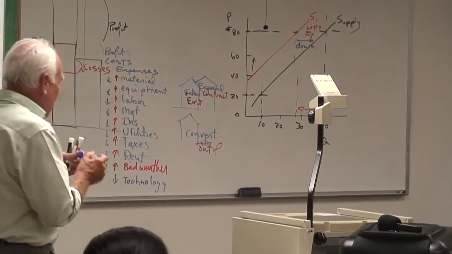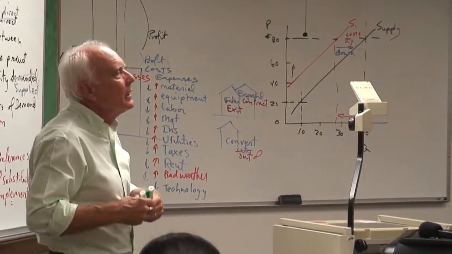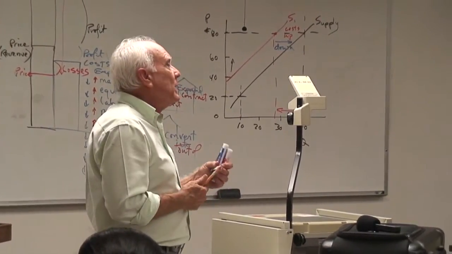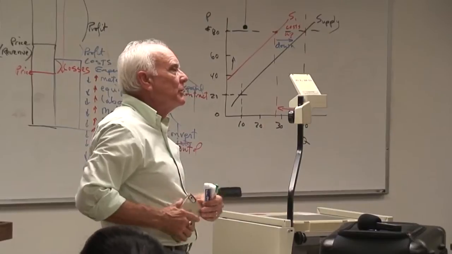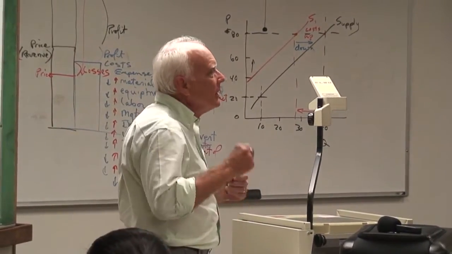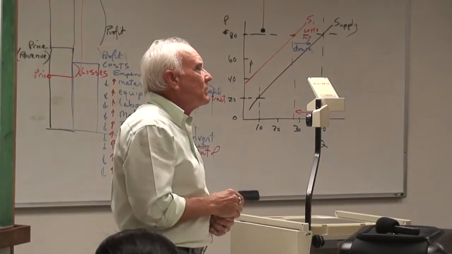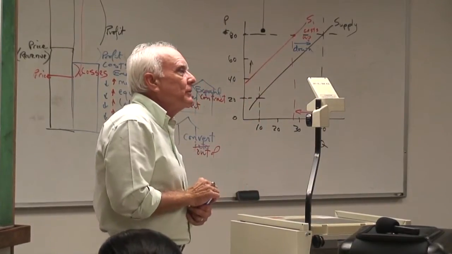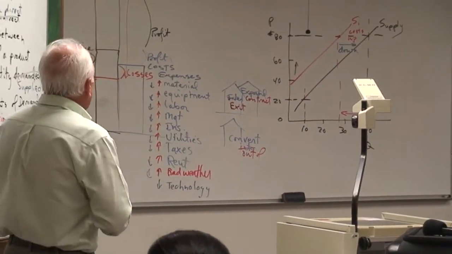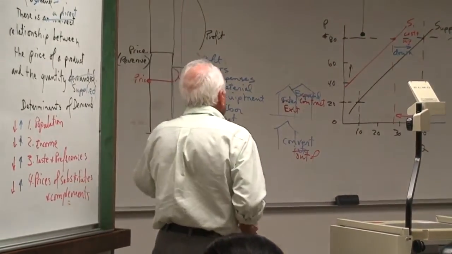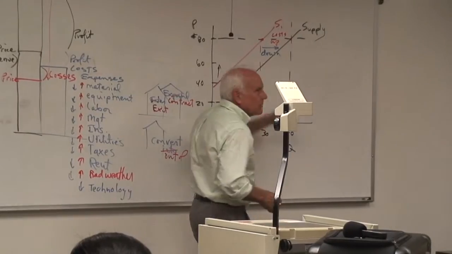Okay, but technology is the kind of thing that can improve our circumstance. Maybe we found a new app that we can just take a picture of customers. We know instantly what their sizes are. We can have it made and sent to you in an instant instead of waiting for a couple months between the demand and supply. Okay, all of that can shift the supply curve to the right.